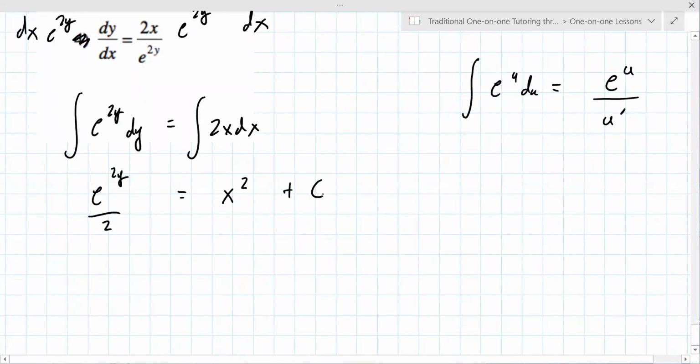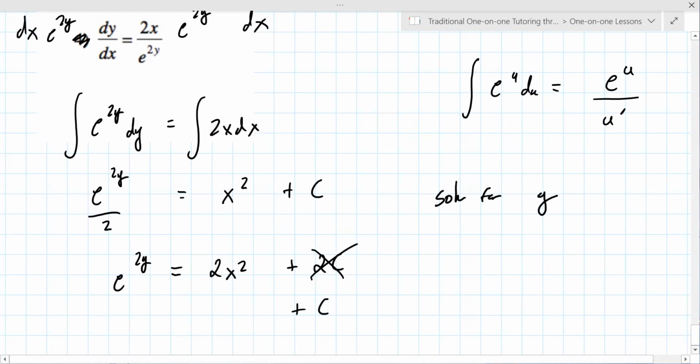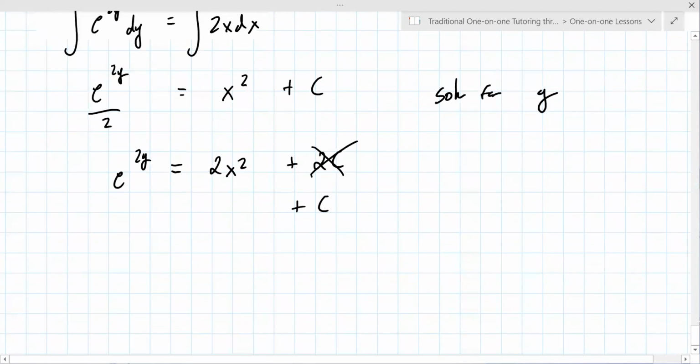Okay. This one you can solve for y, which is why I think your instructor might give you something like this, because there's some prerequisite stuff that you would need to know. You need to know to clear the 2. e to the 2y equals 2x squared plus 2c, but instead of that, you would just write c. You wouldn't want to keep doing that.